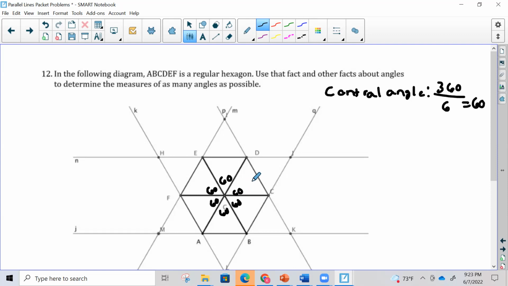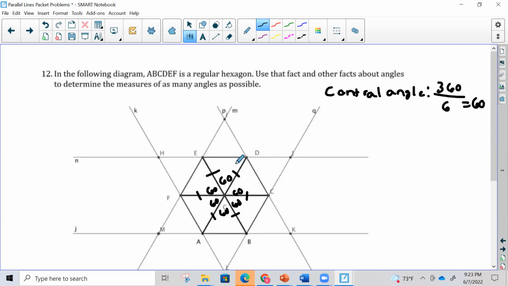Then I also know that the distances from E to O and O to D are equal, as well as all of the other sides of these triangles. It's the same distance from the center to the vertices. Therefore I can find these missing angles in a triangle.